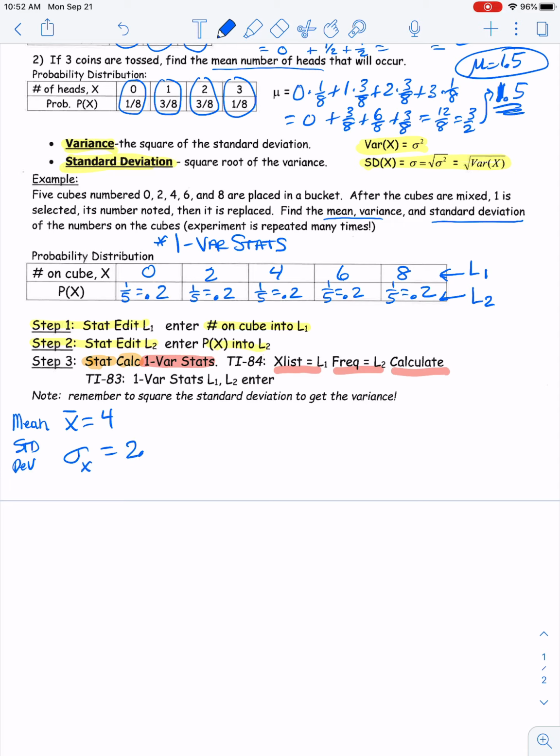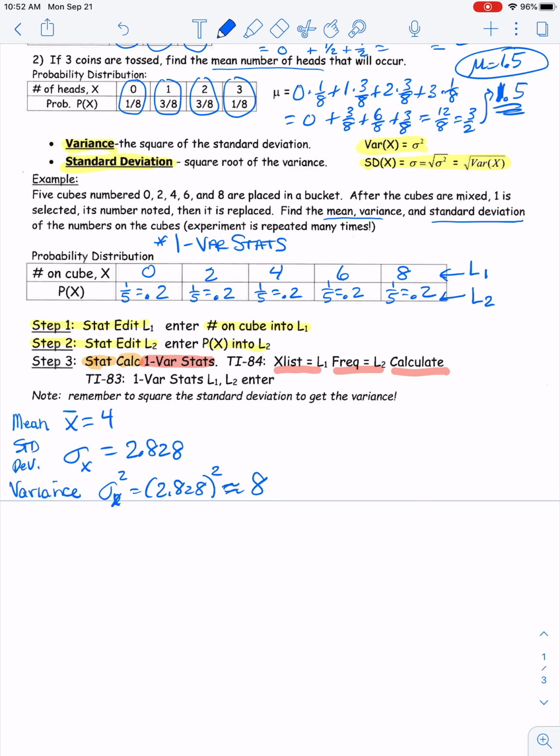I got 2.828. Now the calculator doesn't give you variance when you're in 1-var stats, so you actually have to take that sigma and square it. So you'd put 2.828 on your calculator and hit squared, and it should come out pretty darn close to 8. So a little out of order, but it does the same thing.